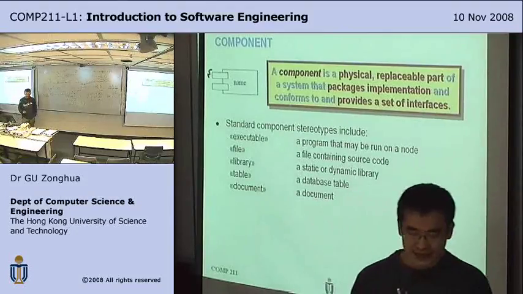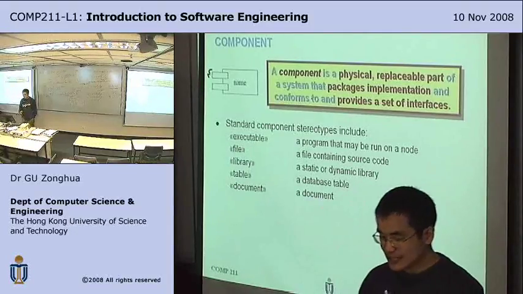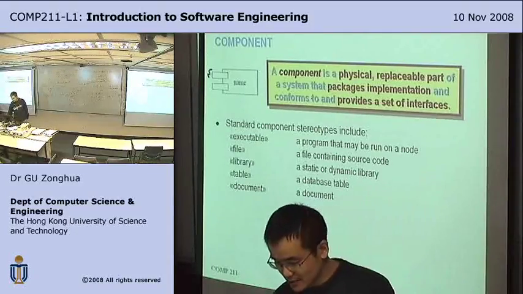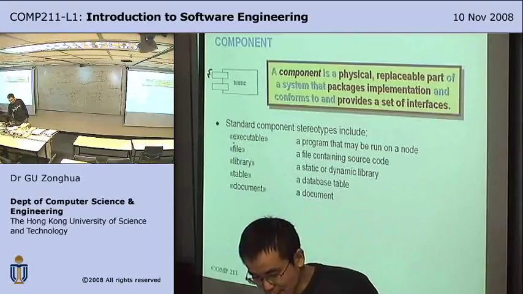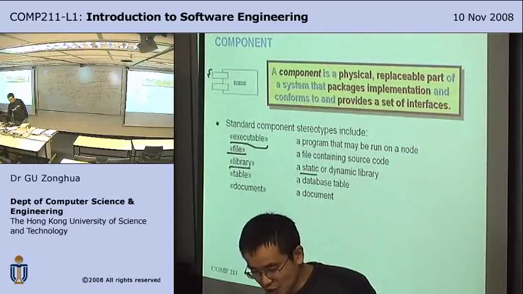Components may have stereotypes. Stereotypes are additional annotations to indicate what it does, what it is. It may be an executable component, a binary executable, or a file with source code, or a library, either static or dynamic.